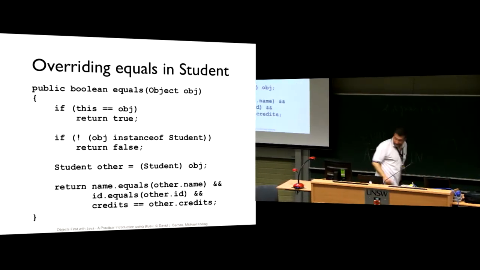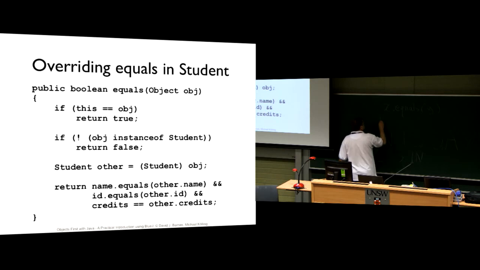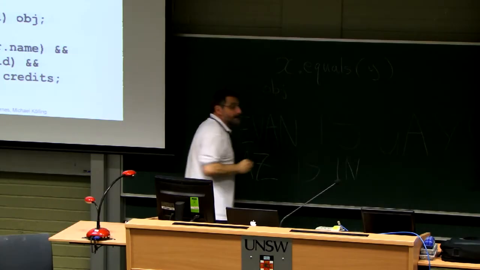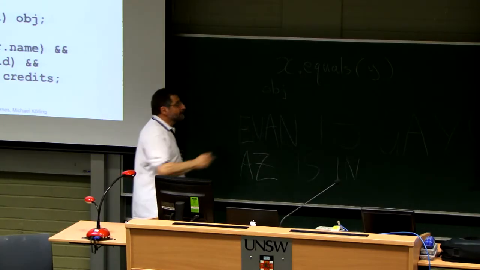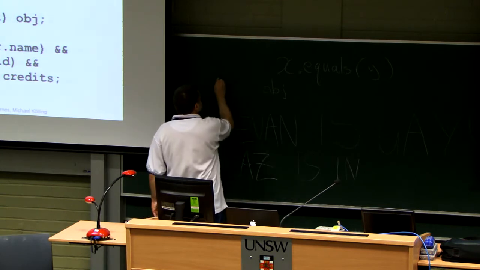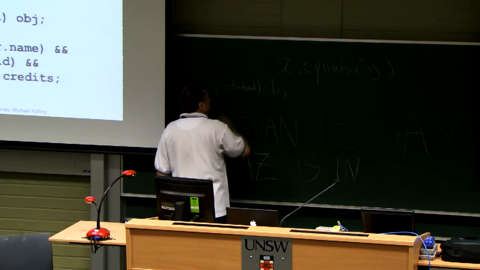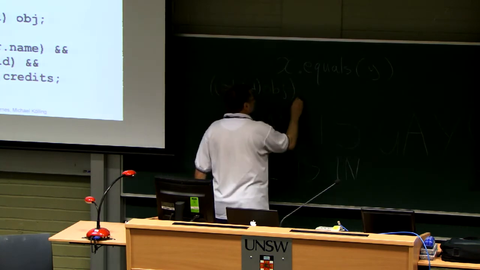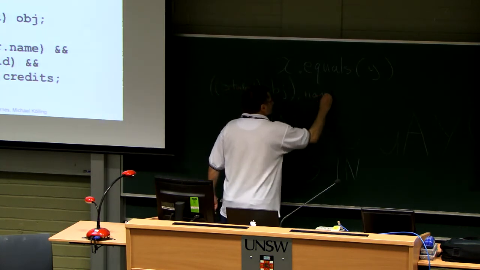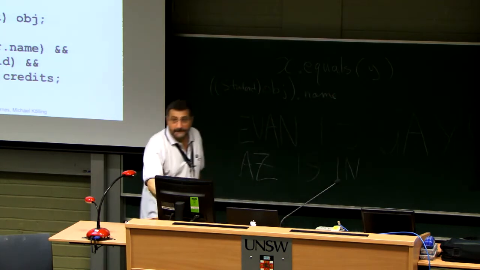We don't have an eraser. If I just have the variable obj, and I want to refer to the name of this object, I would first have to cast it as a student and then get its name.